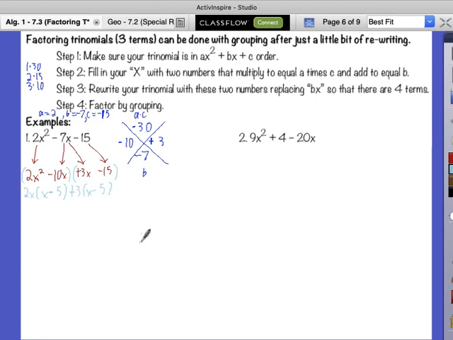And hey, what do we notice about these parentheses? They're the same. So what can we do with that? Yeah, we factor x minus 5 out of both, and we're left with x minus 5 in the first parenthesis. And second parenthesis, we're left with the 2x plus 3. And we get our answer.